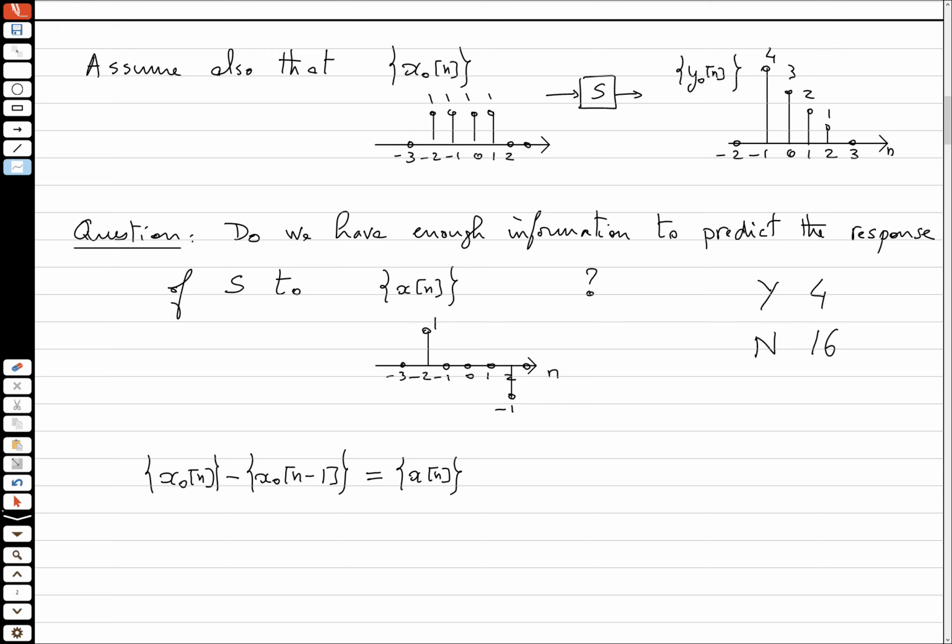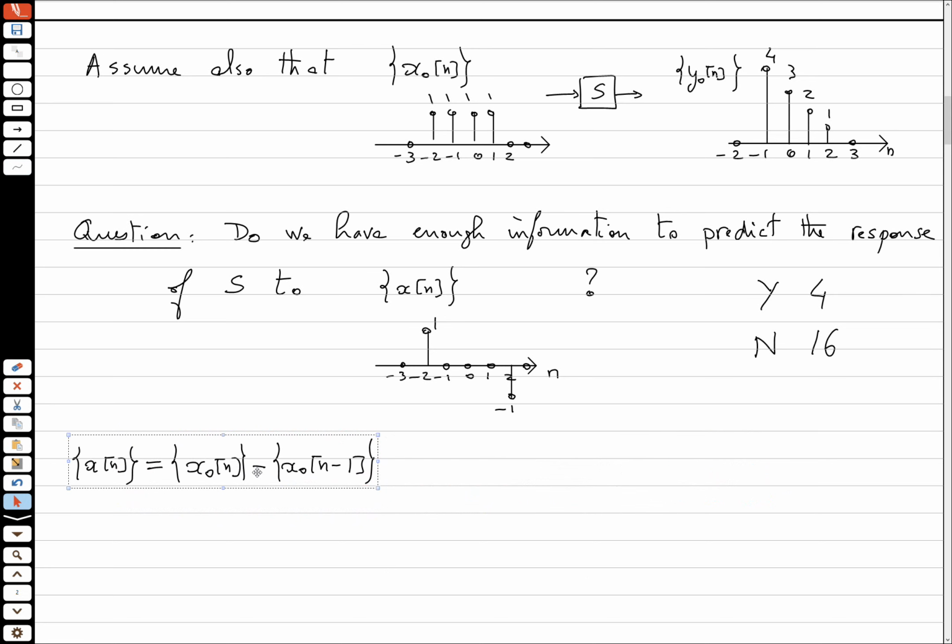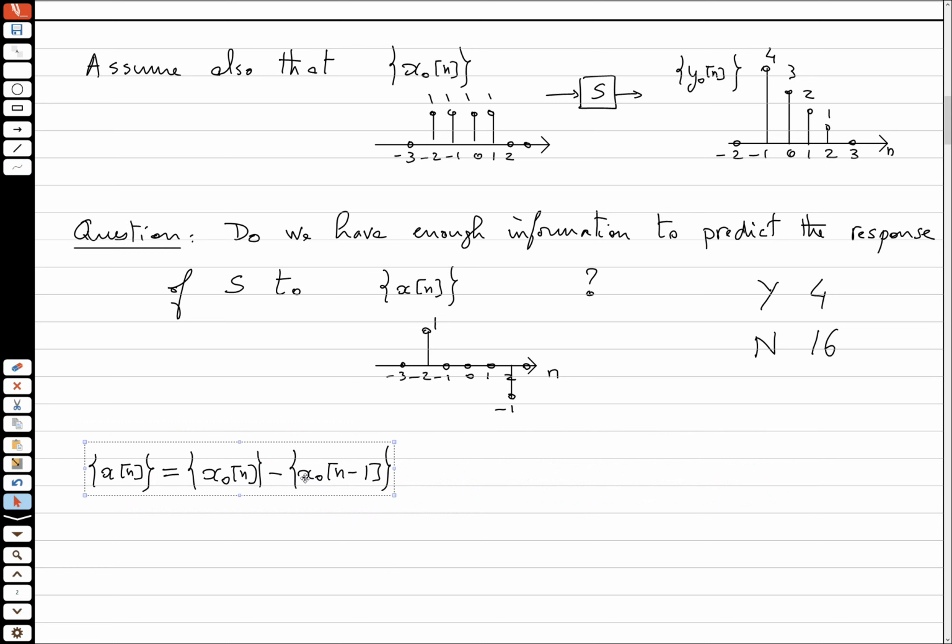You do it, and until you get convinced that this is correct. This is what you wanted to do, right? Okay. All right. So what? So what?